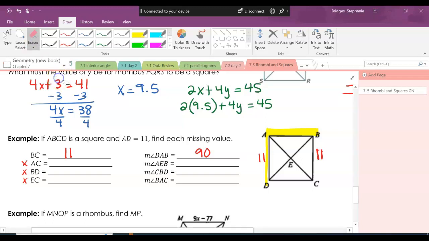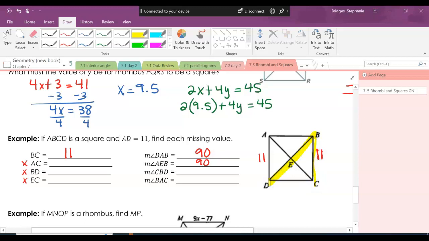Okay. Next one is AEB. If you're not sure, look at your picture. AEB was this top one right here. What would that be? 90, yep. The next one is CBD.